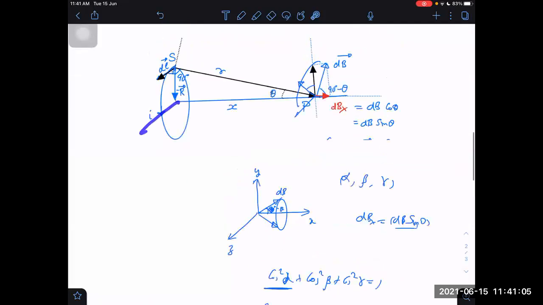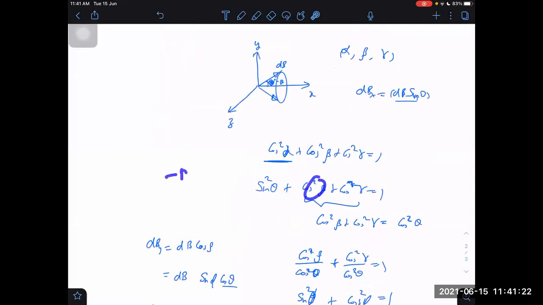If the vector is in the xz plane, then with the y-axis it is making a 90-degree angle. The magnetic field will be making a 90-degree angle with the y-axis. If we are taking this due to this dL element, I think we can say beta varies from minus pi by 2 to plus pi by 2.